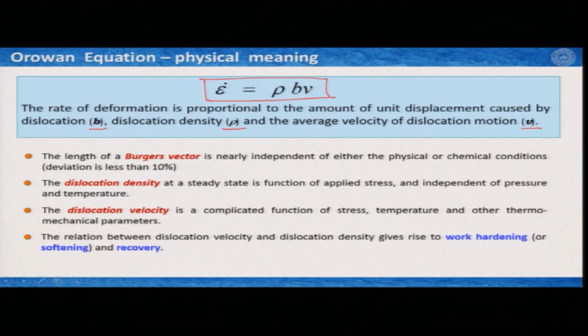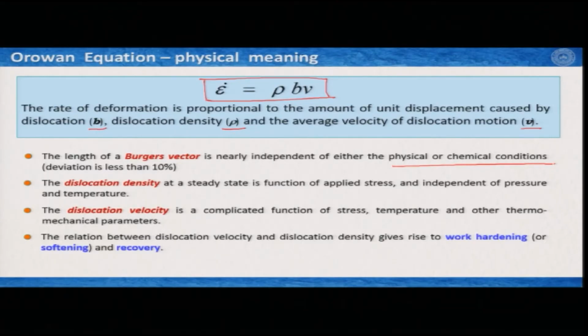Now, in this equation, if we consider these three parameters, Burgers vector, dislocation density and dislocation velocity, we can see that the length of a Burgers vector is nearly independent, because this is an intrinsic property of the crystal. So, it does not depend on any physical or chemical conditions. Deviations observed experimentally are generally less than 10%.